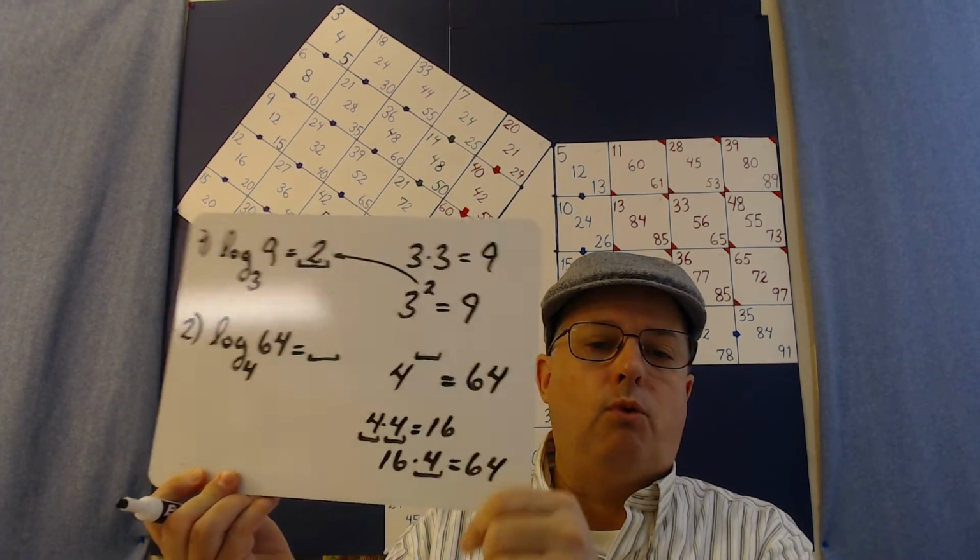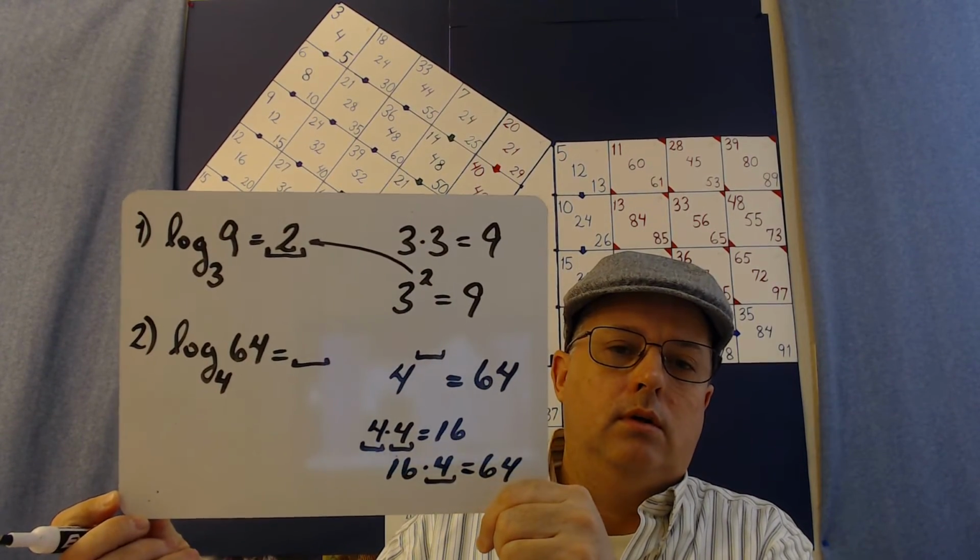And so you would say, okay, let's see, 4 times 4 is 16, and 16 times 4, well, that's 64. So it's 4 to the third that gives us 64. And so we can now fill in the blank.